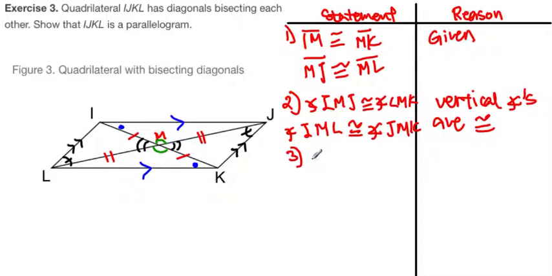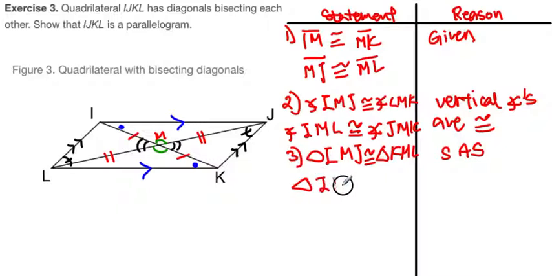Step number 3. Then in this case, we get to realize that triangle IMJ must be congruent to triangle KML by SAS, but so as triangle IML being congruent to triangle KMJ. Same reasoning as before.